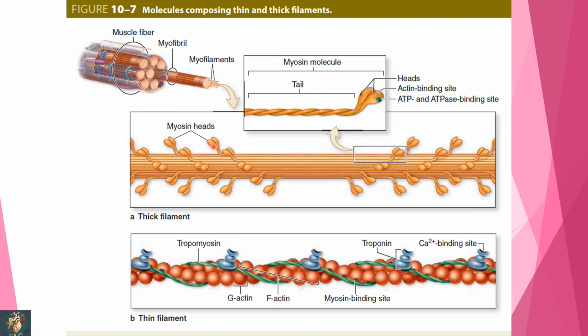These globular heads project from the surface, and they make cross bridges with the actin to help the muscles contract. So these are the tails of the myosin, and these are the globular heads of the myosin. These are the globular G actin molecules forming the fibrillar actin. This green color is the tropomyosin, and this one is the troponin complex.